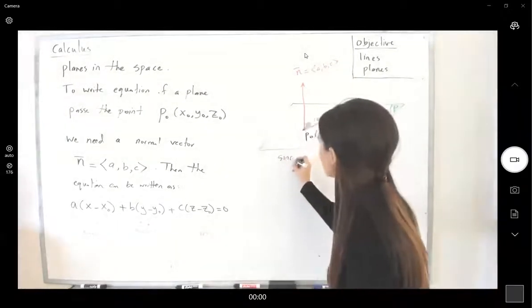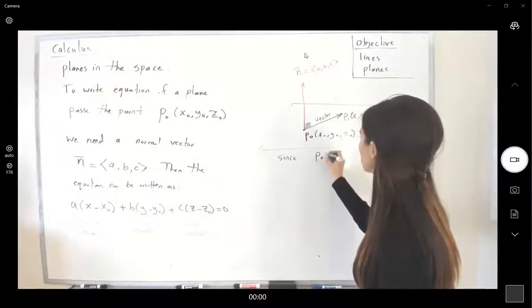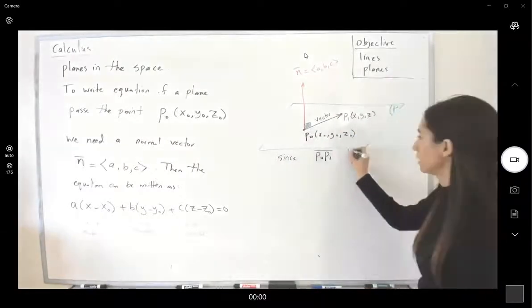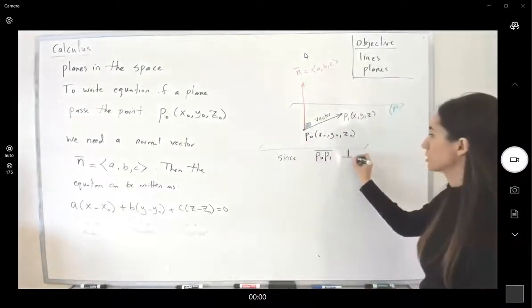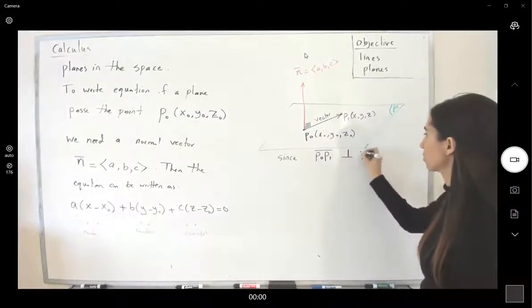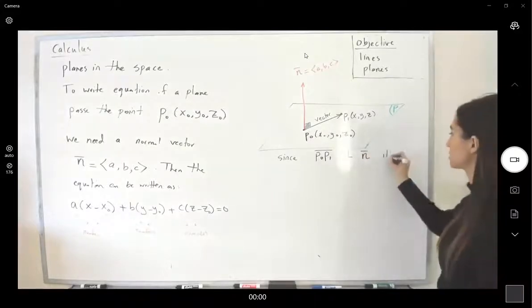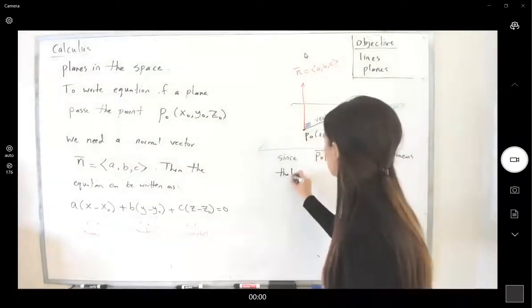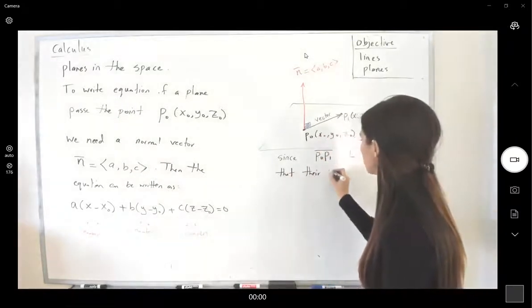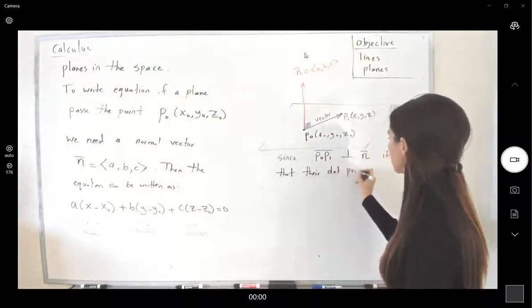So since P sub 0 P sub 1 is perpendicular to normal vector n, their dot product is 0.